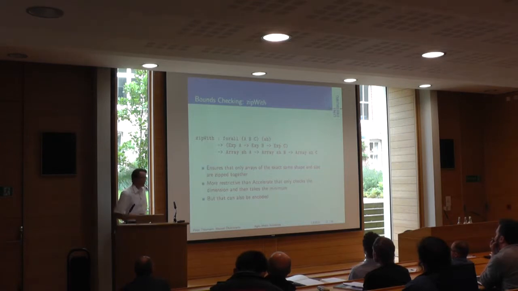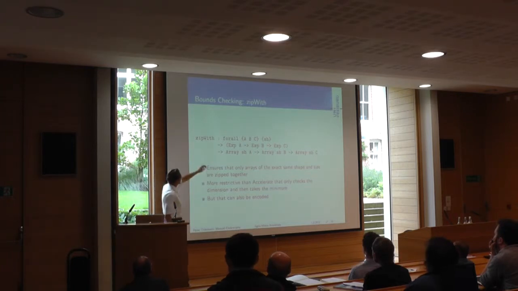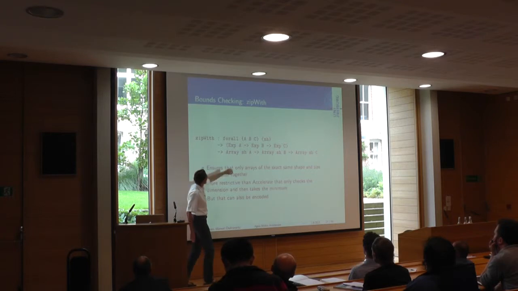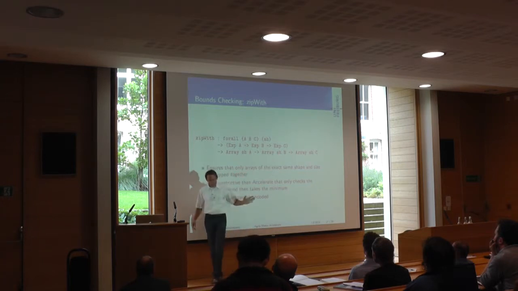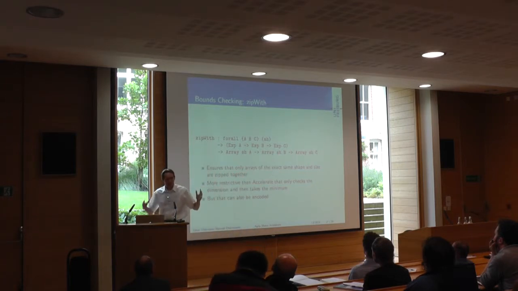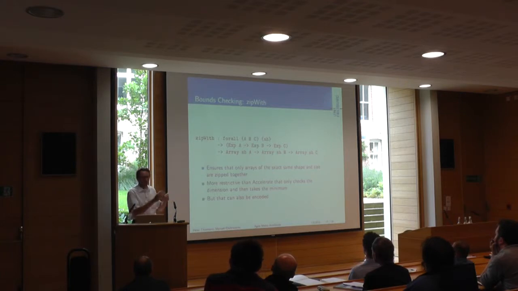Now, as I said, bounds checking works well. In dot product, you saw the zipWith function, and now if I write this code in Agda, and I have two arguments, an array of shape A and an array of shape B, then Agda makes sure that not just the number of dimensions matches up, but that also the particular sizes of the dimensions match up.